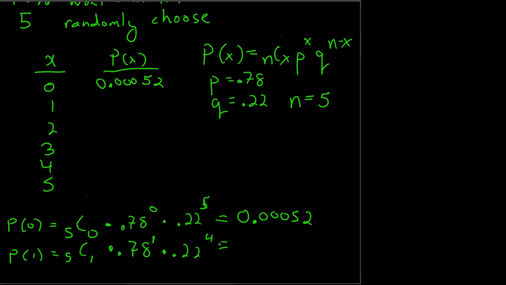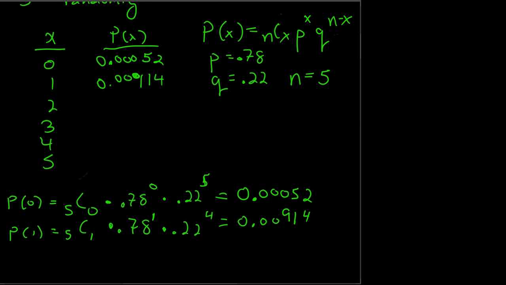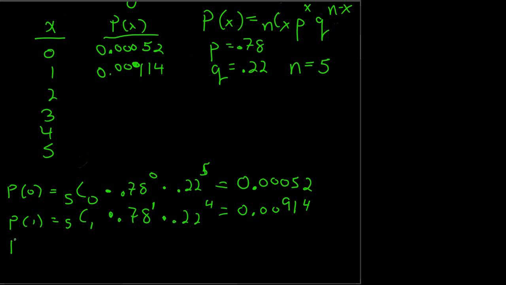And I get for this value 0.00914. Notice these lower numbers have very low probabilities, which would be expected from something that has a 78% chance of success.